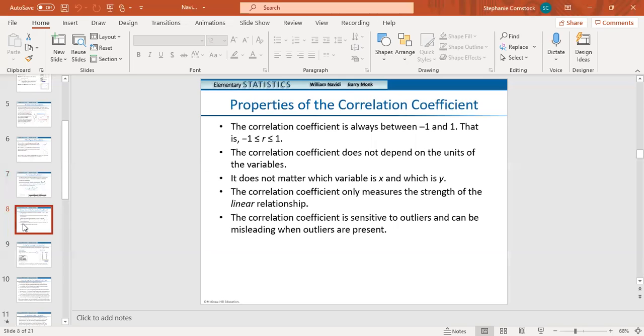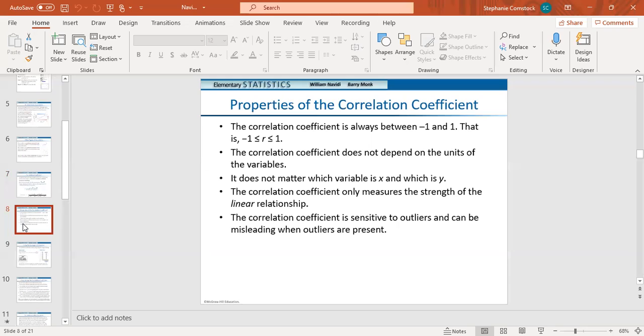If the answer is negative, then it was negatively associated. If it was positive, then it was positively associated. The other thing is that if we look at just the numeric part, not the positive or negative sign, the higher that value is, the more linear, the more straight line, it's becoming.